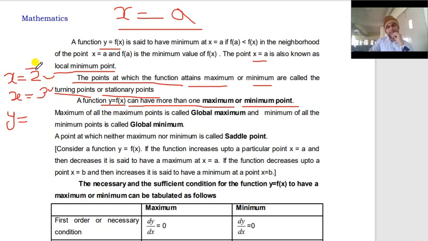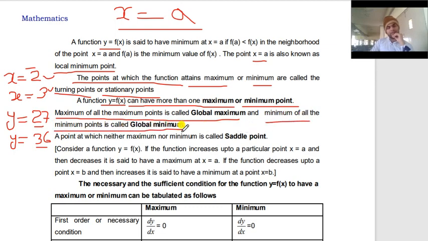Suppose we put x = 2 and we get y = 27, and when we put x = 3 in the function we get 36. Then the maximum value is 36. The maximum of all maximum points is called the global maximum, and the minimum of all minimum points is called the global minimum. So here x = 3 is the global maximum.